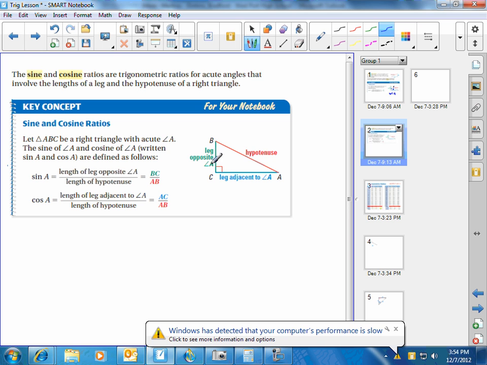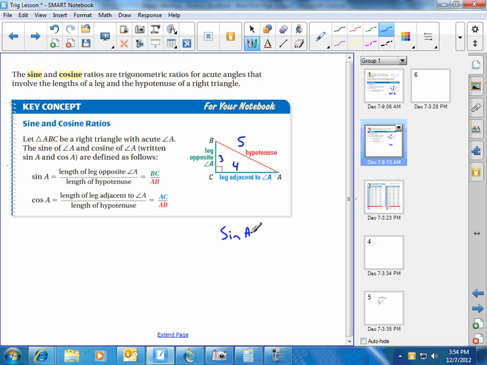So if this is a 3, 4, 5 triangle, the sine of angle A would be opposite, which is 3, over hypotenuse, which is 5. The sine of angle B would be opposite, which is 4, over hypotenuse, which is 5.